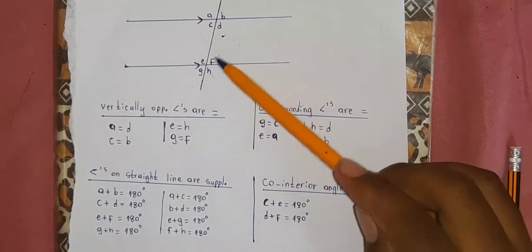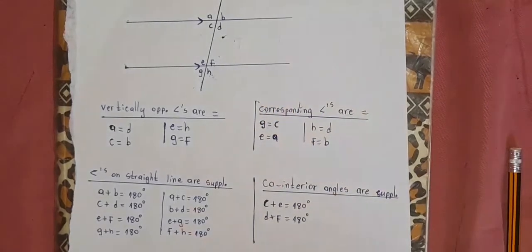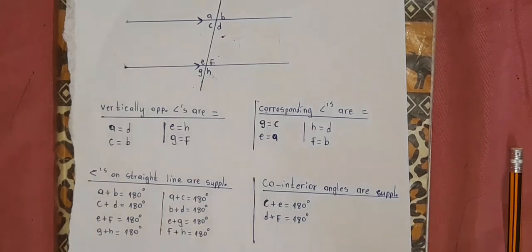These two also are equal because they are vertically opposite. Yeah, you can see that vertically opposite angles are equal only on parallel lines. If the lines are not parallel, then we cannot say we have vertically opposite angles. But if the lines are parallel, then we can say we have vertically opposite angles.